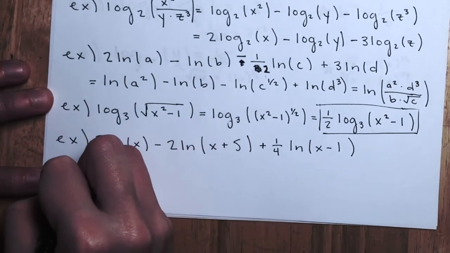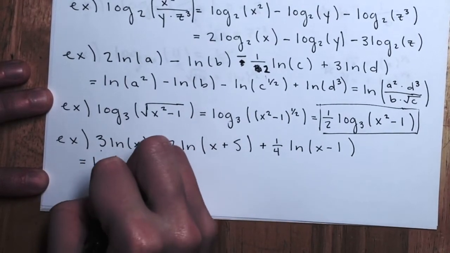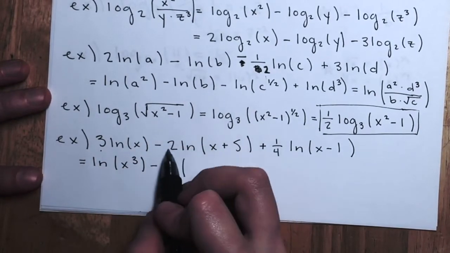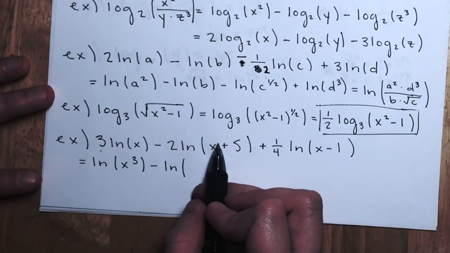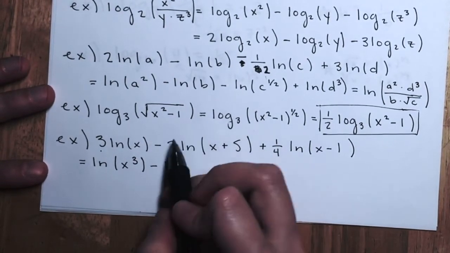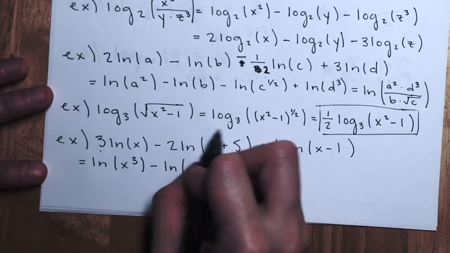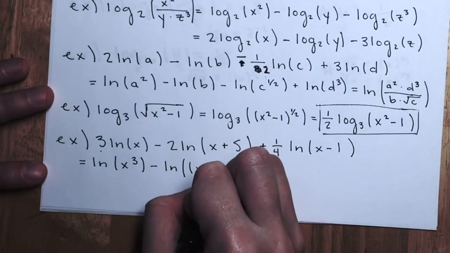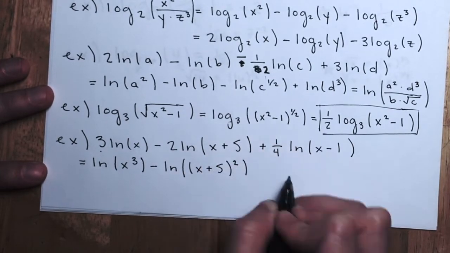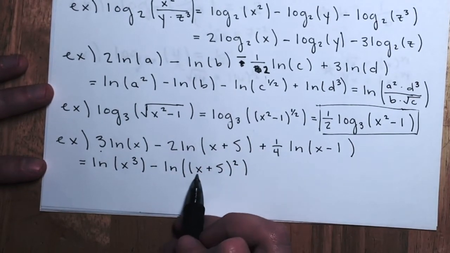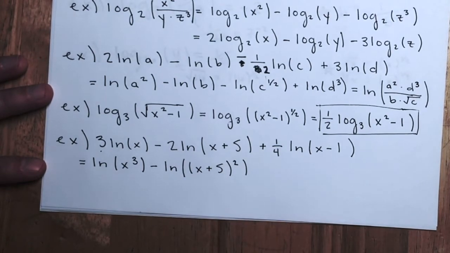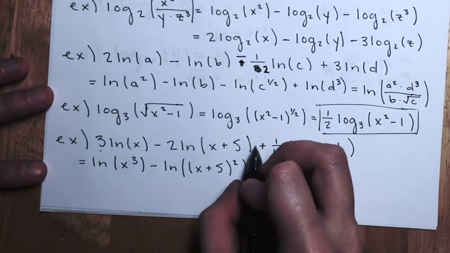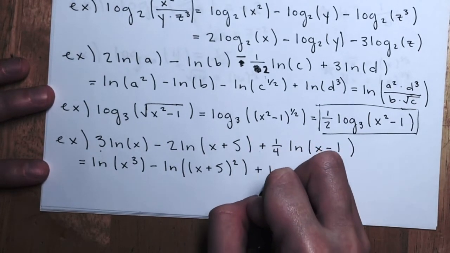So we've got ln of x cubed minus ln of, where does this 2 go? Does it go to just the x? No, we have to bring this 2 and apply it to everything that's on the inside here. So we have to apply the 2 to all of that. So x plus 5 squared, plus 1/4, so that guy goes on the inside as well.